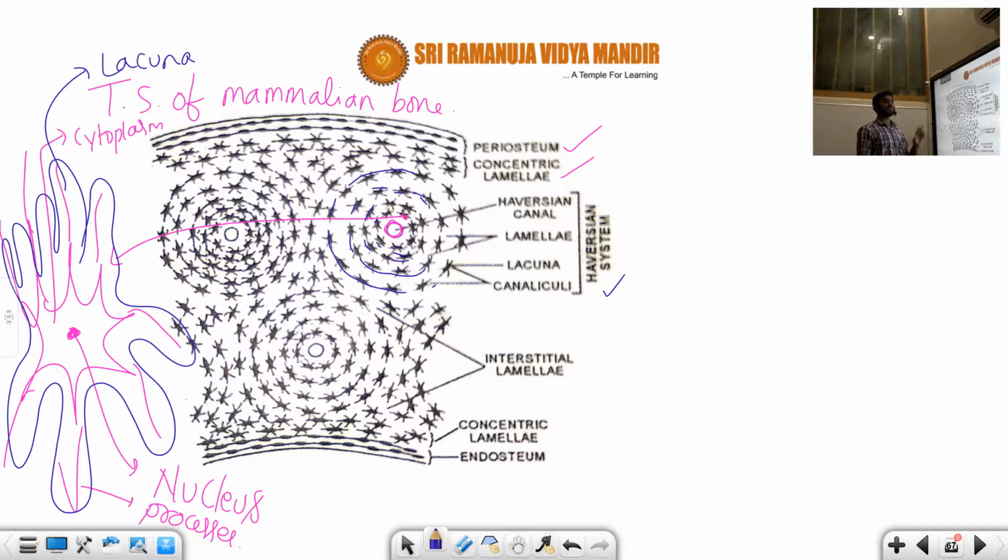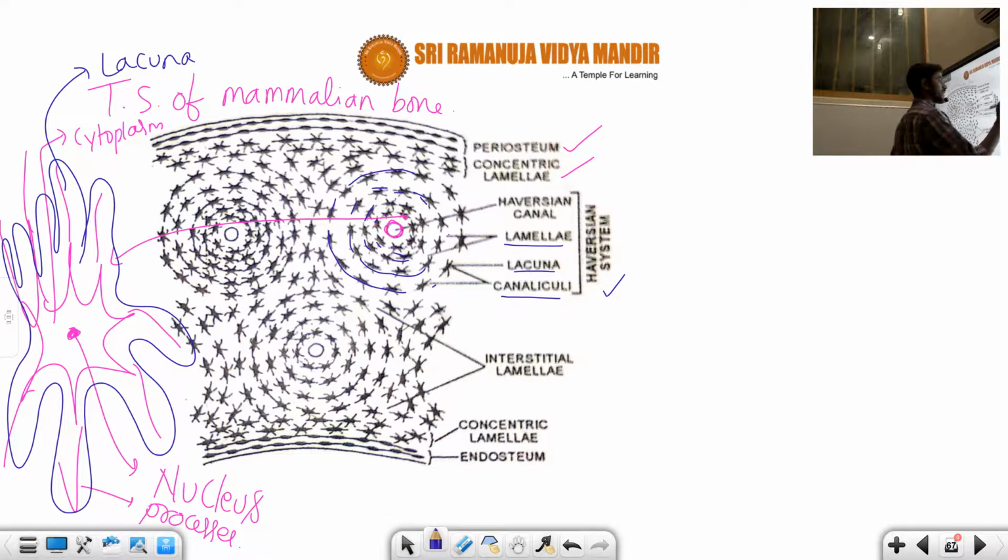In this system, the center one is the Haversian canal, and there is a space called the lamellae, and the bone cell occupies a free space called the lacunae. And what is the meaning of canaliculae? One cytoplasmic process makes an association with the cytoplasmic process of another bone cell, and that is called the canaliculae.